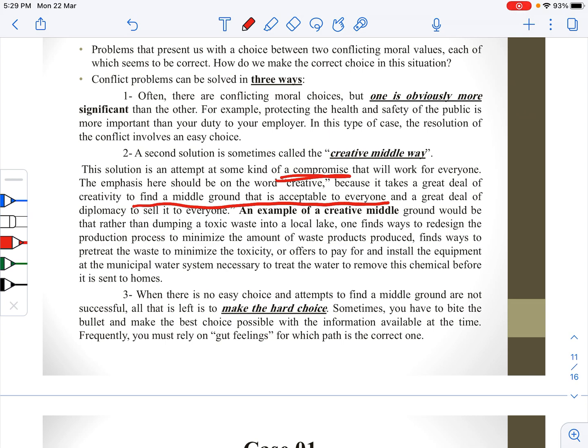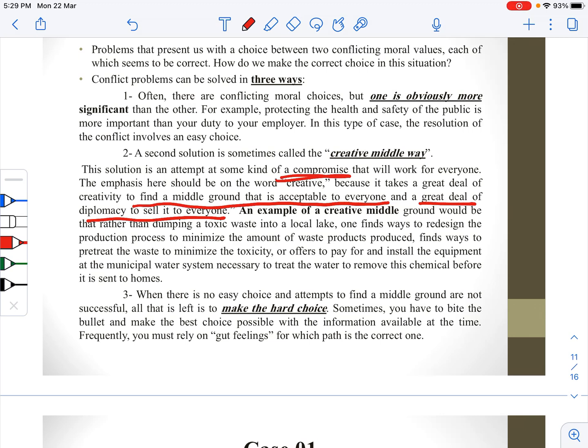Sometimes you have to make a decision which not everybody will be totally happy with, so you need to find a solution that will make all of the parties happy, maybe not extremely happy, but happy enough to accept the solution. And you need a great deal of diplomacy to sell it to everyone. So you go to this party and say, okay, this is the best solution, and why.